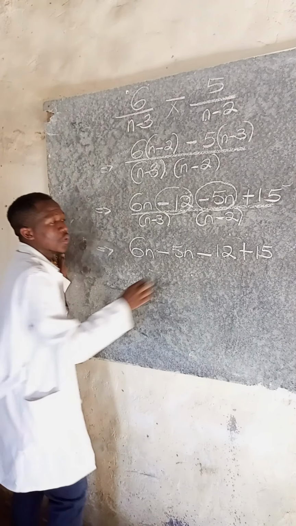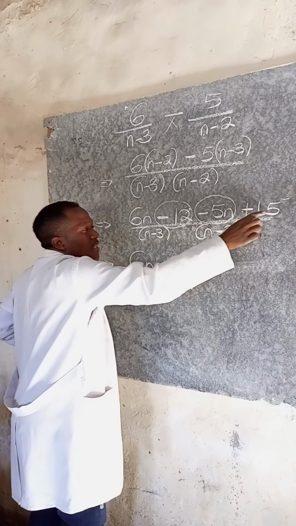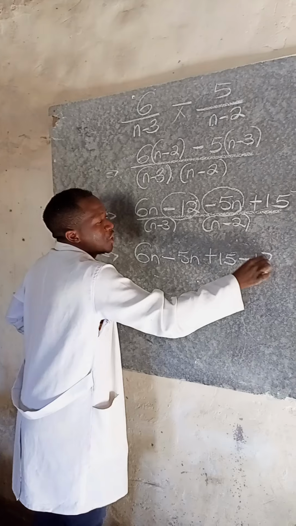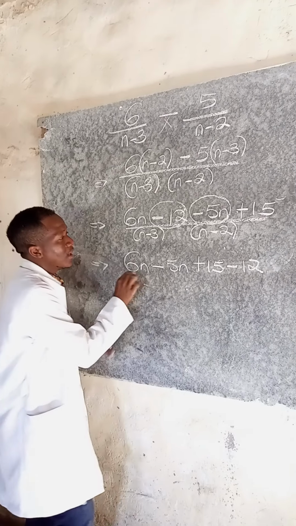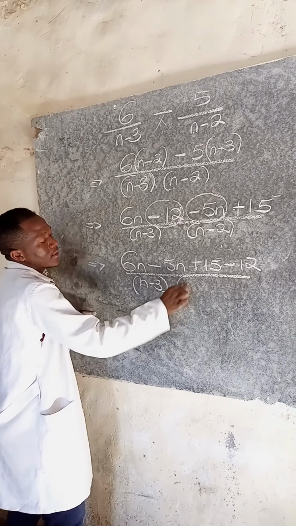If you don't mind, you can rearrange, since this is a smaller number and this is a bigger number: start with the positive 15 minus 12, depending on how good you are with these complications. Then this is n minus 3, then n minus 2.